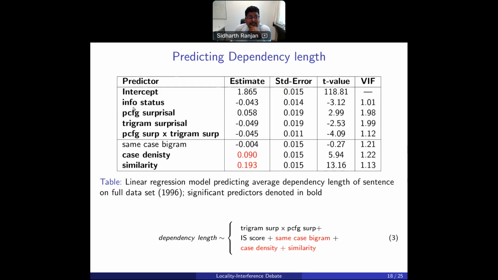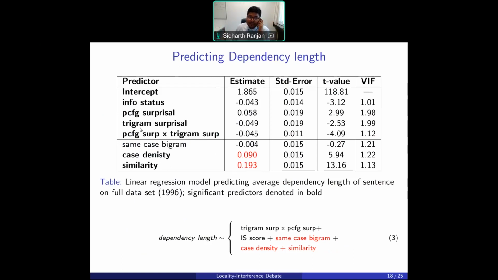Then we also saw that for information status, the regression coefficient comes out to be negative. That means sentences that have longer dependencies tend to violate the givenness discourse consideration. And then those sentences also have a higher syntactic surprisal.